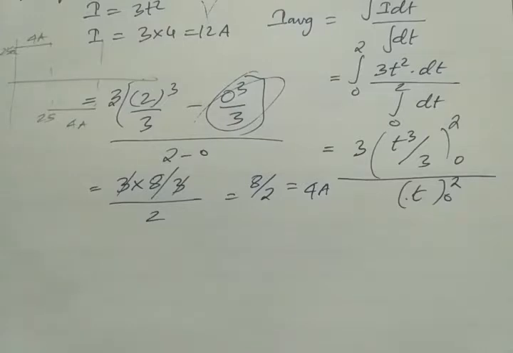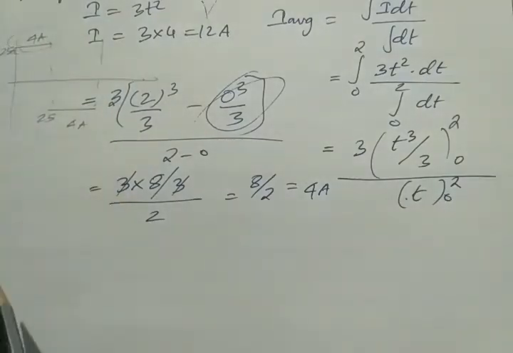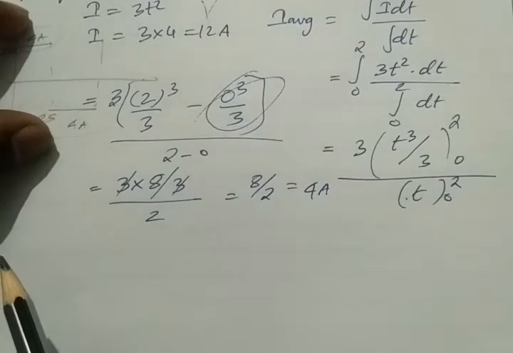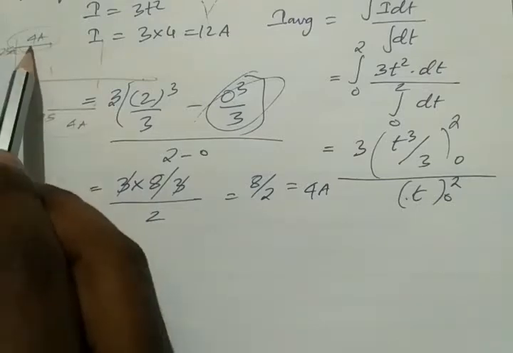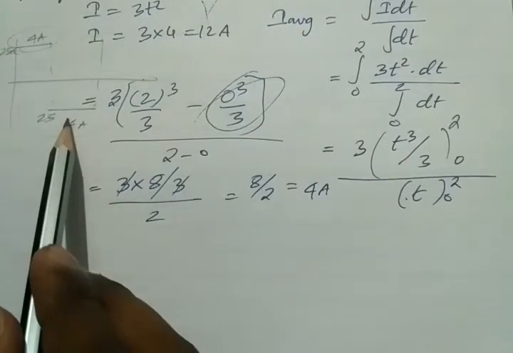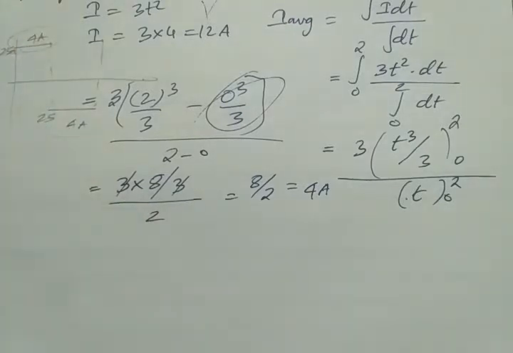This is the value for half cycle, this is the value for another half cycle. For a complete cycle, I average value will be 0. Why? Because the first 4 ampere will be on the positive side, another 4 ampere will be on the negative side. So the total summation will be 0.